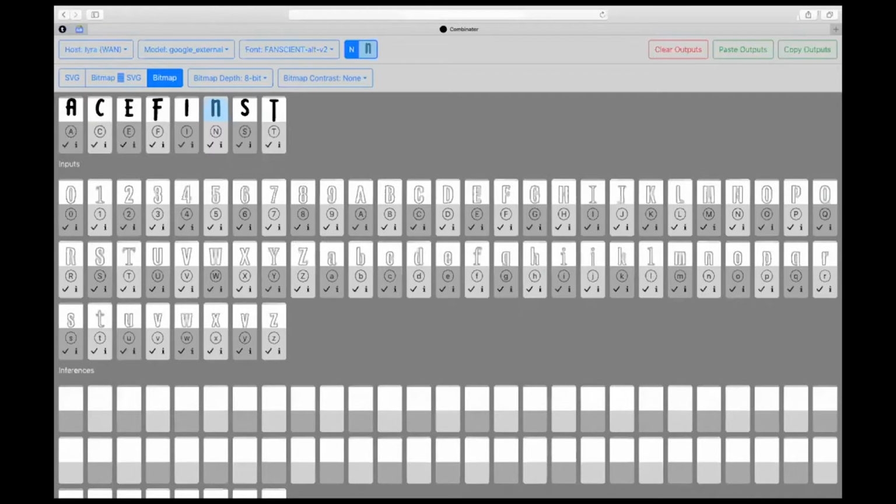We then built a piece of software that we call the Combinator. The Combinator allowed us to conduct inference tests using machine learning. So I'm just going to click through some of these so that you get a sense of it. The highlighted letter is the one that the typeface below is being generated based upon.